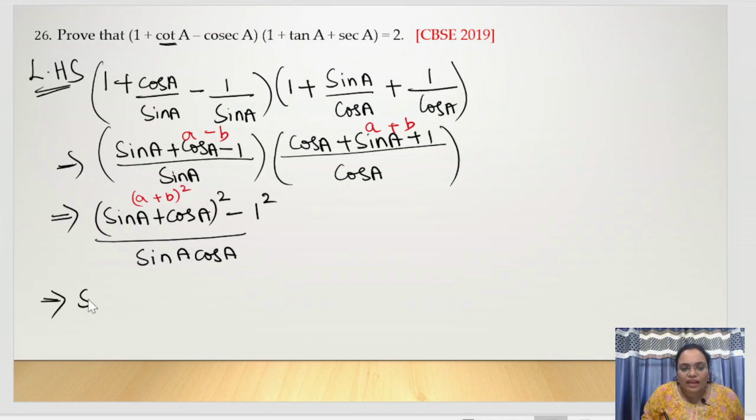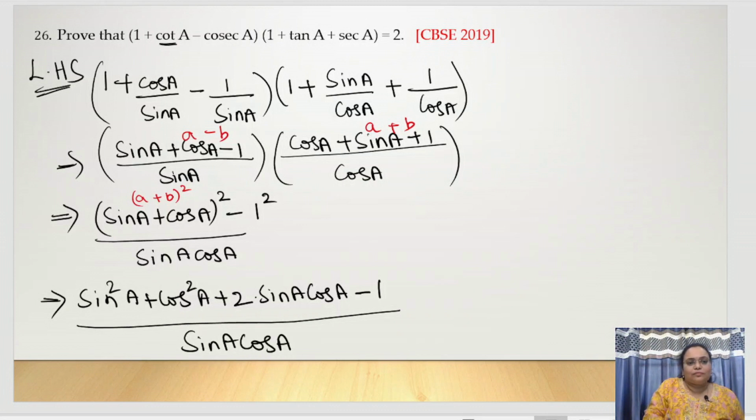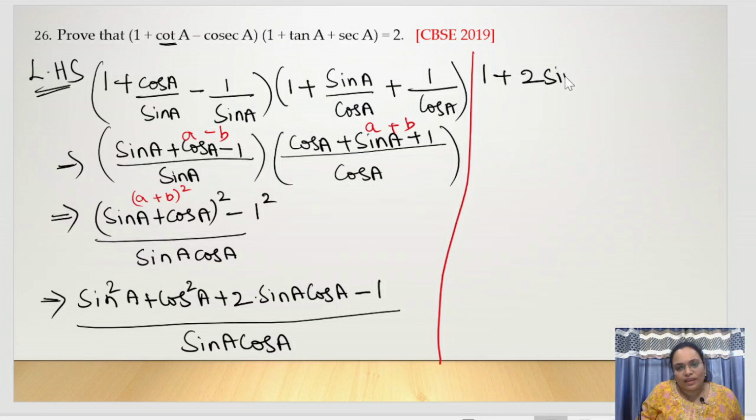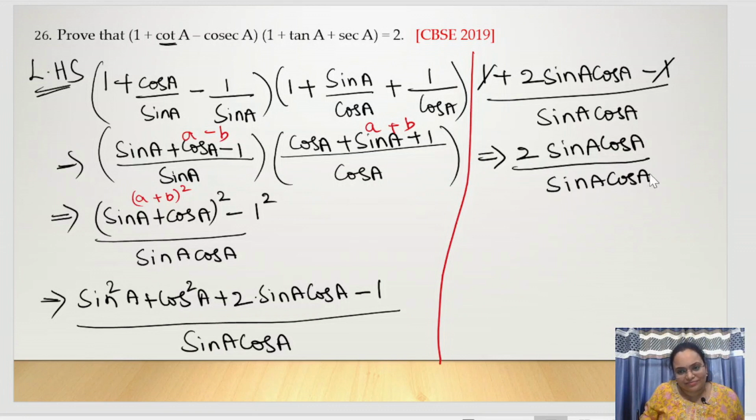So this will be sin square A plus cos square A plus 2 into sin A cos A minus 1 divided by sin A cos A. Sin square A plus cos square A is 1. 1 plus 2 sin A cos A minus 1 divided by sin A cos A. So 1 and 1 will get cancelled again, which is 2 sin A cos A divided by sin A cos A. Sin A cos A will get cancelled, which is the answer is 2.